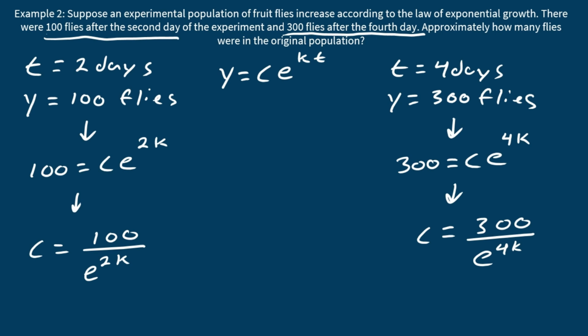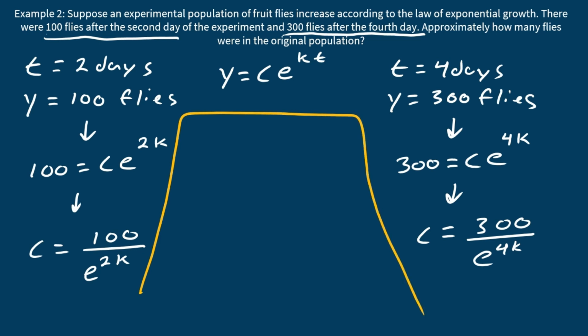Now what we can do is go ahead and set these equal to each other. So that means that 100 divided by e to the 2k has to be equal to 300 divided by e to the 4k.